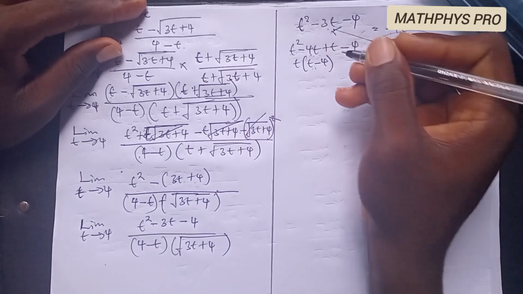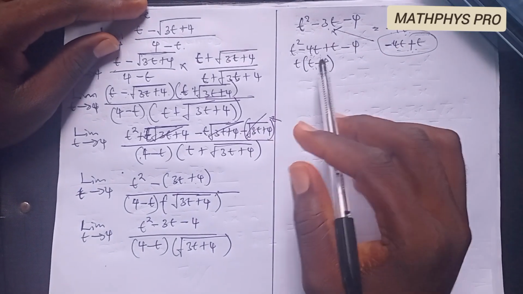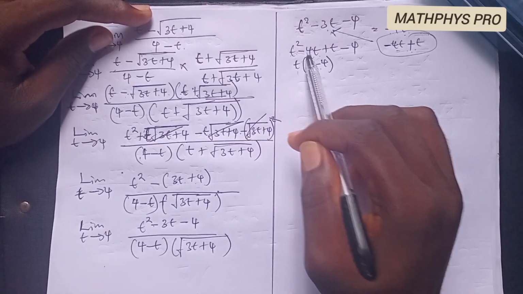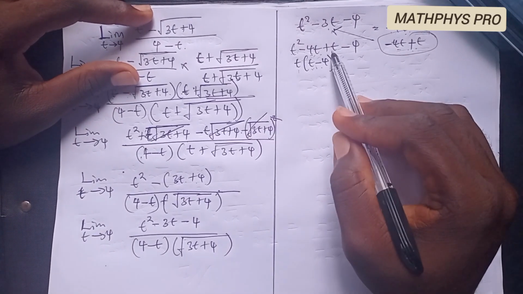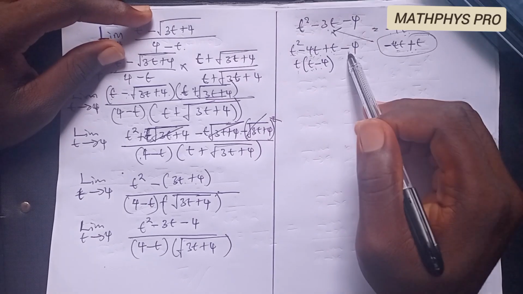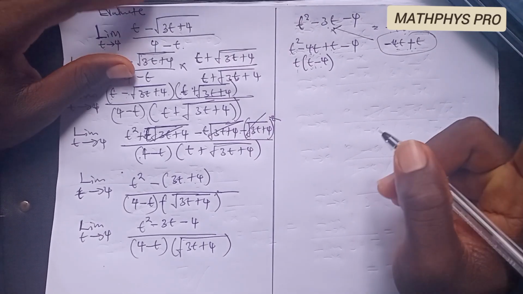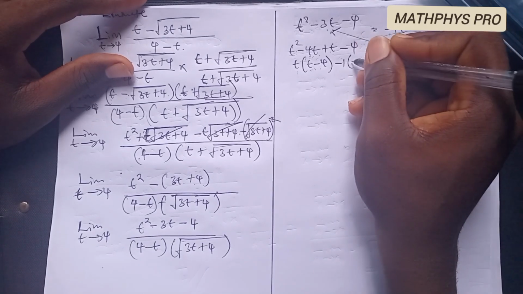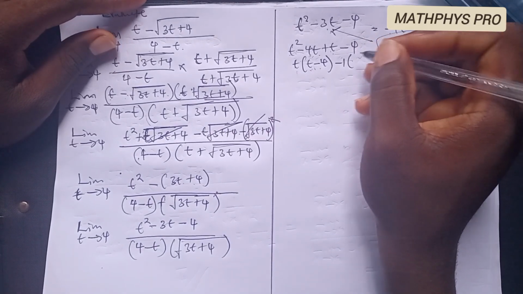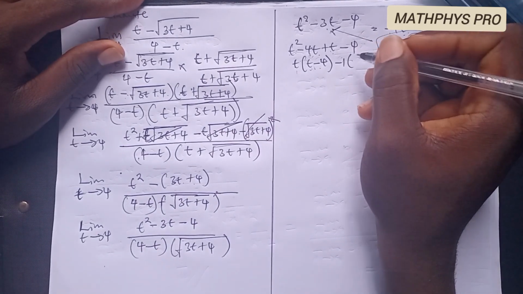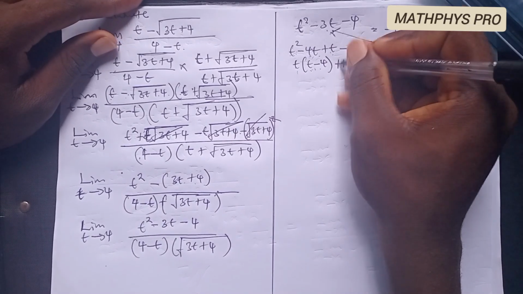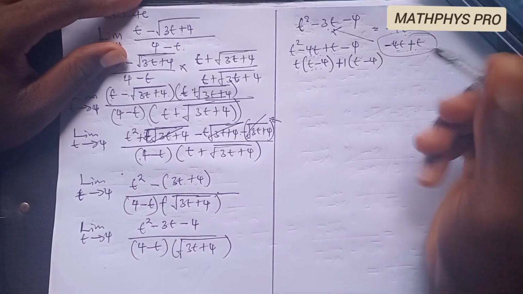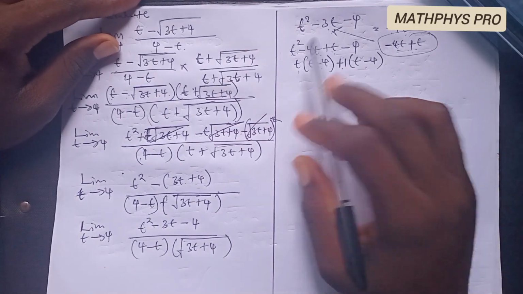What's common between t and minus 4 is what? Plus 1. So if you bring out the plus 1, we have t minus 4. If you multiply everything here, it takes you back.